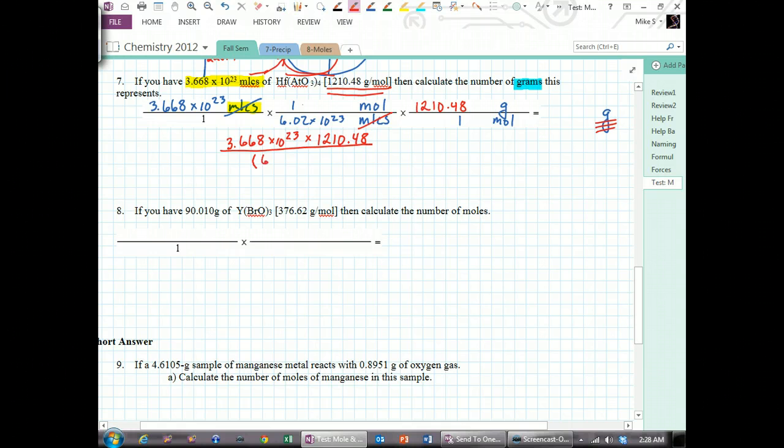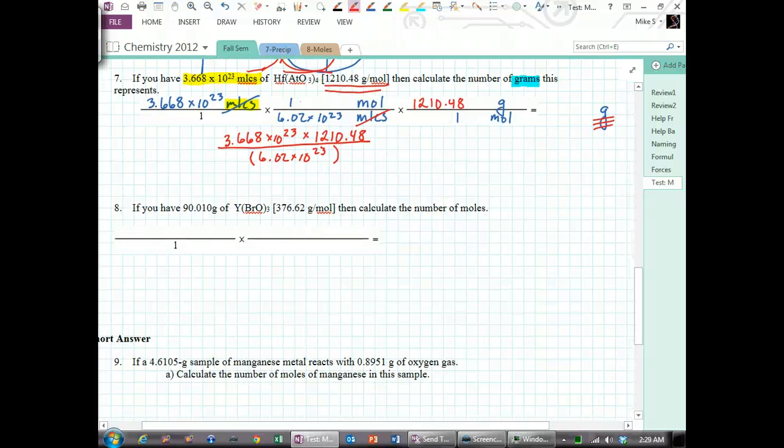If you write it in as 6.02 times 10 to the 23rd, make sure you have parentheses. If you are using the E button or exponent button on your computer or your calculator, then you don't need parentheses, but it's a good habit to be in. This gives you an answer of 737.3.